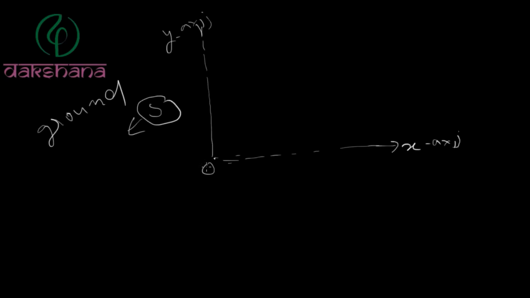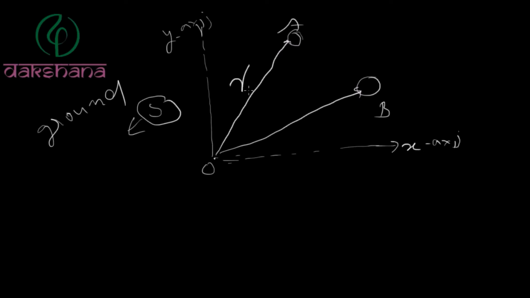Suppose this is the origin. Now there are two bodies A and B having position coordinates RA and RB. This is body A and this is body B. The position coordinate of A with respect to this frame S is RA, and the position coordinate of B is RB.